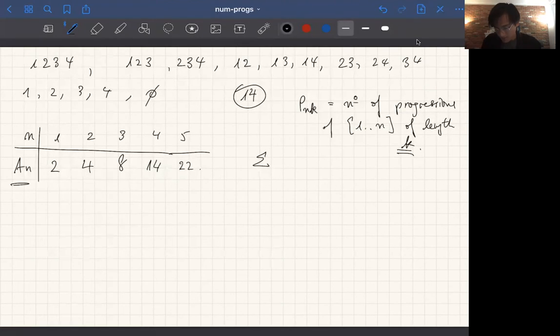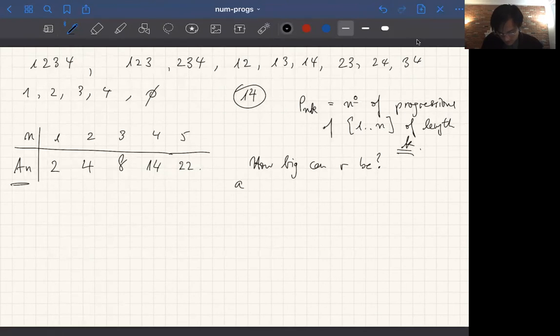If we have a progression of length k, the biggest that R can actually be is, well, A would be 1. So how big can R be? Let's start with that.